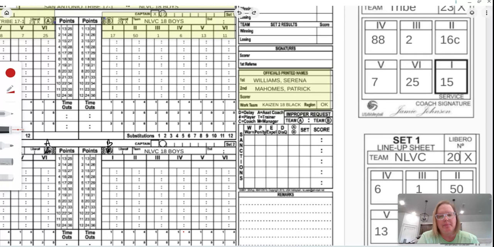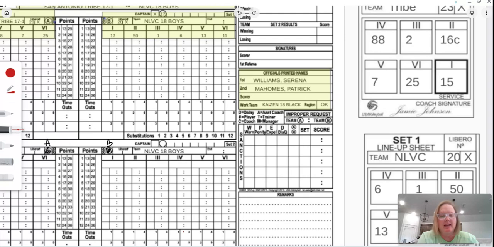The next type of sanction is a disqualification. So this is your most severe type of sanction. So the official would hold up the cards like this, and then the person who is disqualified would actually have to leave the entire match area. You cannot be on the court, sit in the stands, you cannot be on the bench, like you have to go.